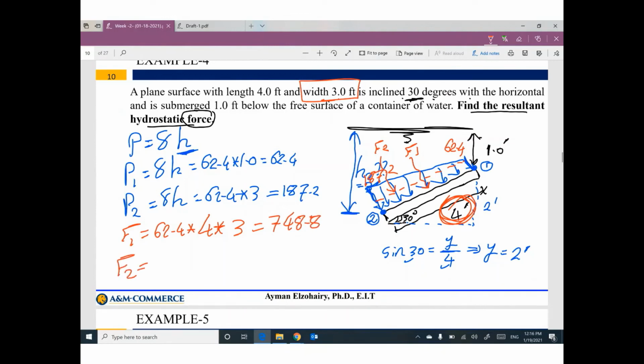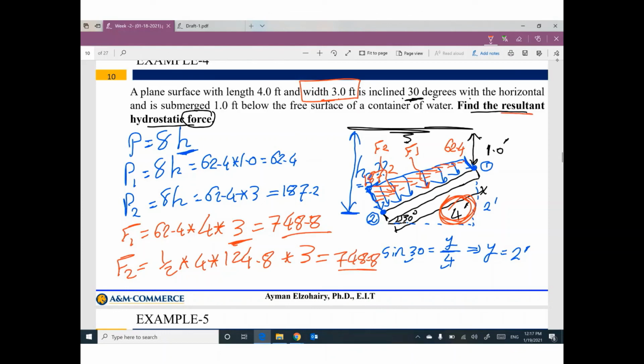F2 will be the area of this triangle, 1/2 times 4 times 124.8 times the width of the gate 3, 748.8.